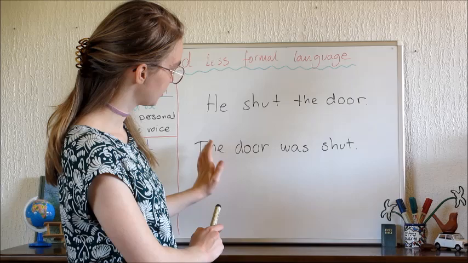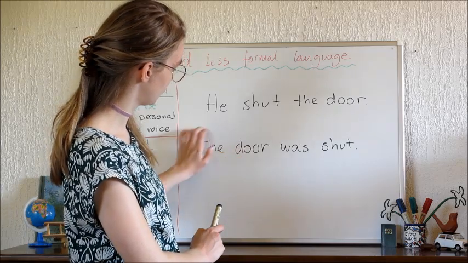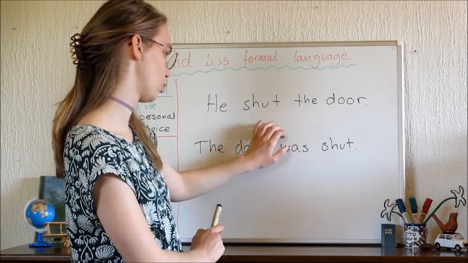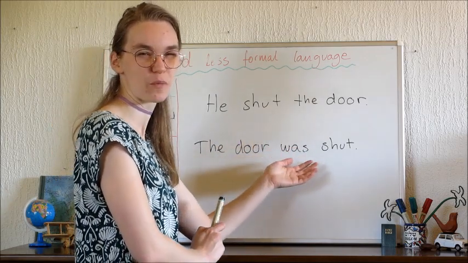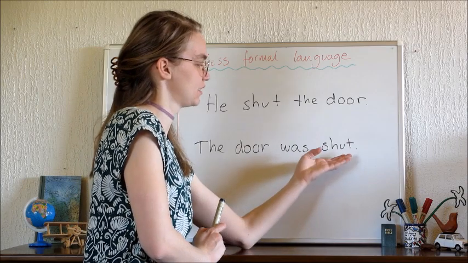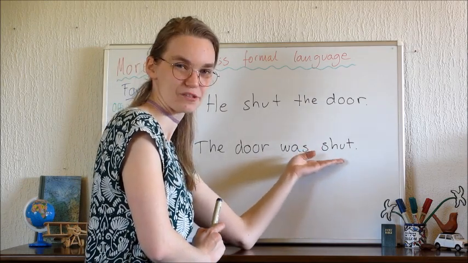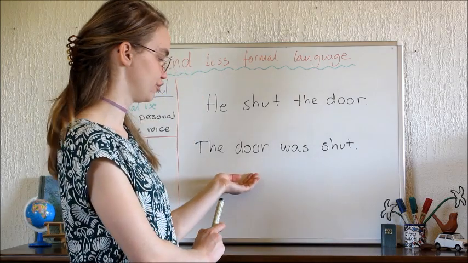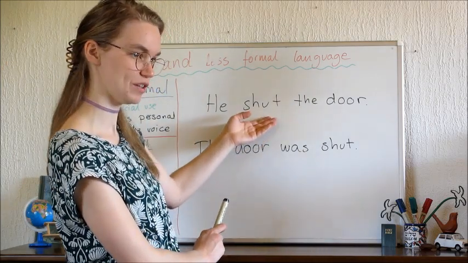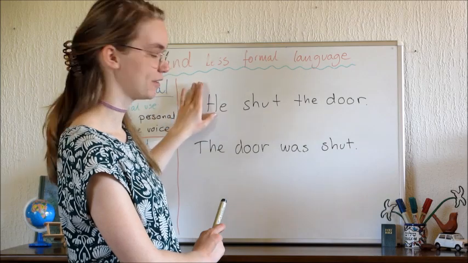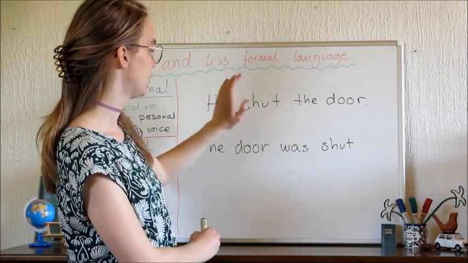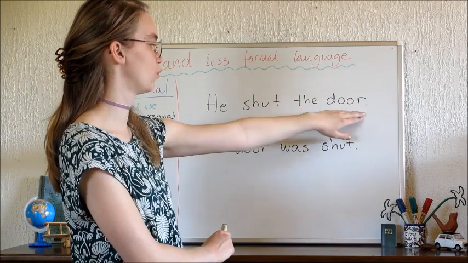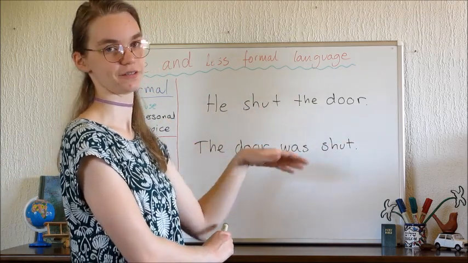And they're usually built like this, with the thing being the subject, then the verb, usually some form of to be, and then the thing that's being done. That's the way the passive voice usually does it, whereas the active voice is just the person, which is the subject, then the verb, and then what the person does.